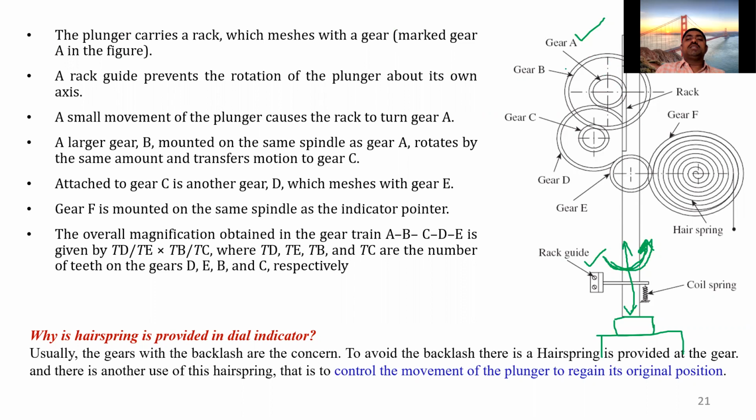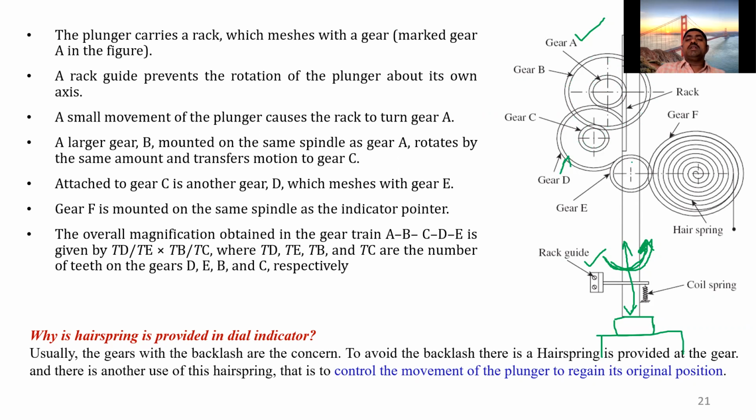And another large gear is mounted on the same shaft of gear A. So this gear B is also connected to gear C. On the same shaft of gear C, another gear D is mounted.